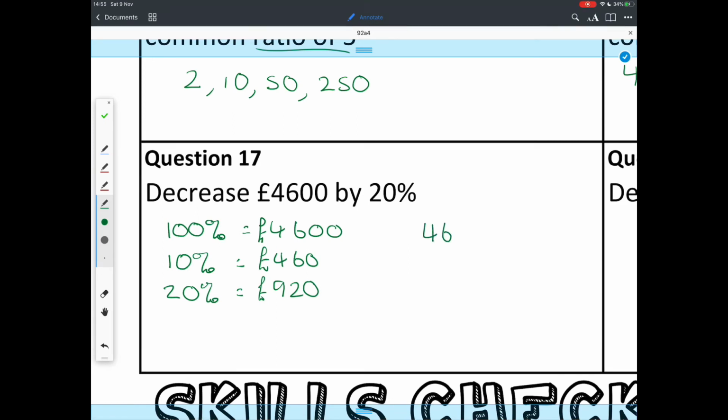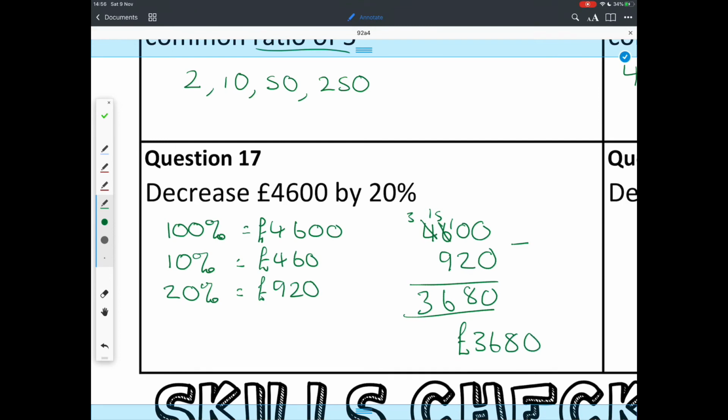So my calculation now is going to be 4,600 subtract 920. So that's 0. We have 8. And then we have 6 and 3. So the answer is £3,680.